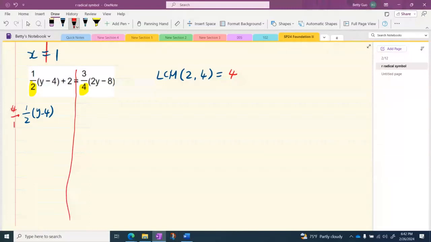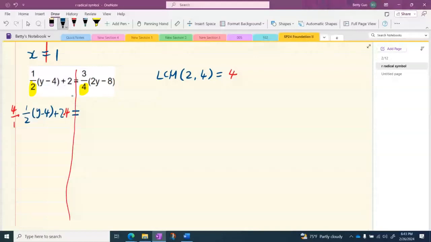The second part on the left side is this 2. That's a common mistake because it's just a simple number, and it's very easy for people to ignore the 2. But the 2 is a constant term, so we do have to multiply that 2 by 4. People forget, oh, there's a 2 there, right?